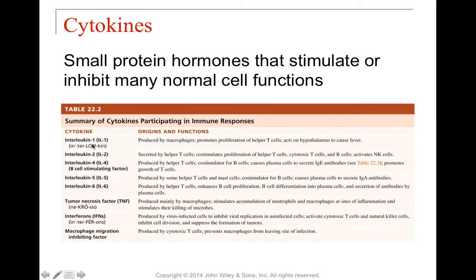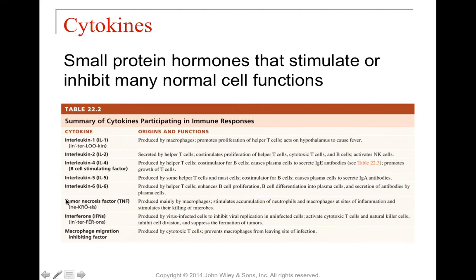But all of these interleukins are produced by either macrophages or helper T cells. And their goal is to stimulate the proliferation of T cells or B cells such that we can secrete antibodies or activate natural killer cells or cause a fever. All of these are going to be involved in the immune response, right?